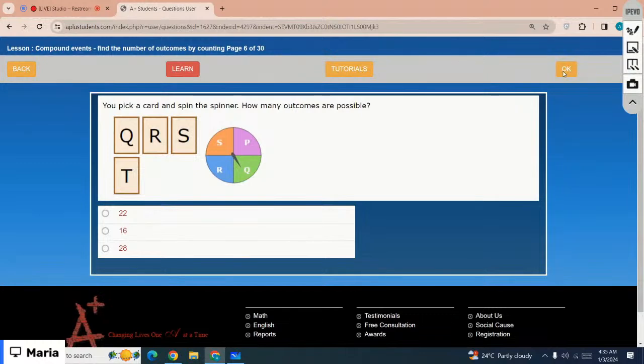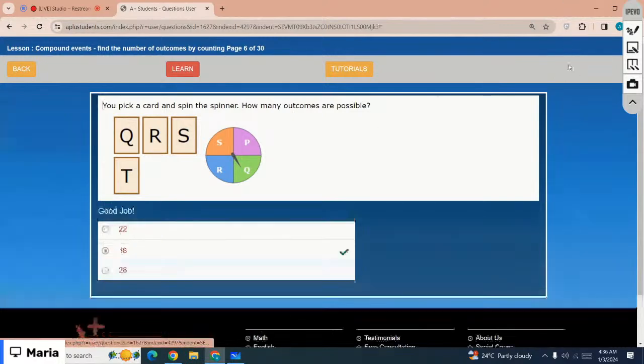The correct option is 16, 4 times 4. The total outcomes are 16. The correct option is 16.